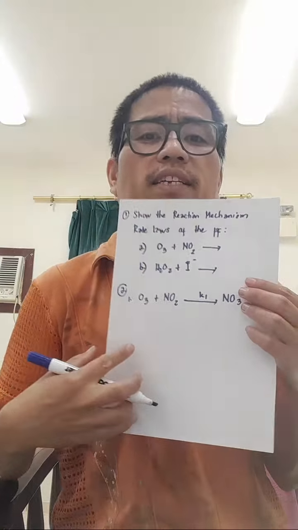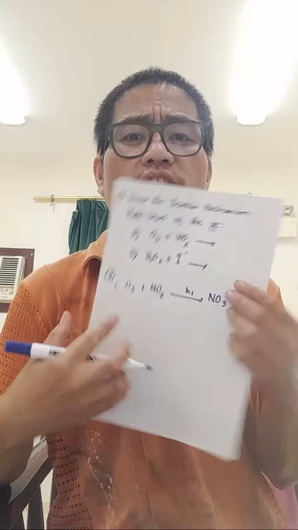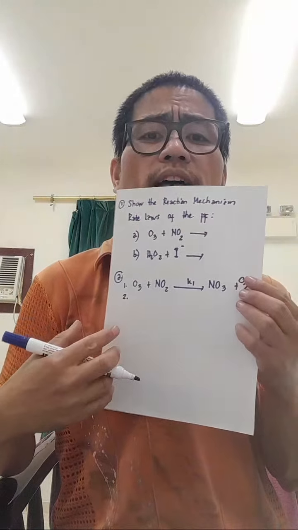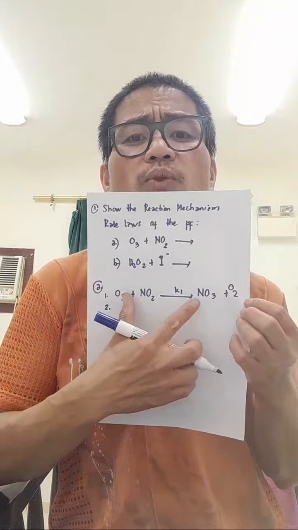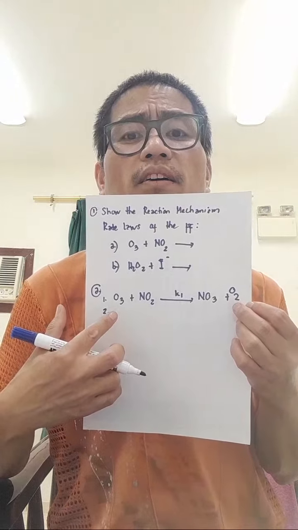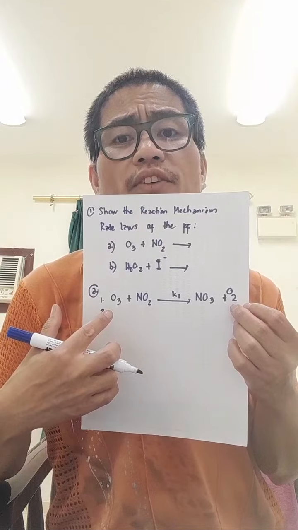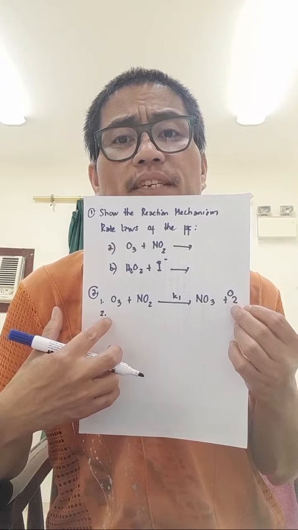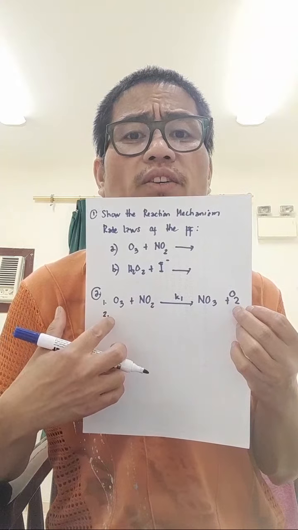Now our second elementary reaction step will be equal to, take note that your first product, which is NO3, should appear in your second elementary reaction step too. So it's going to be NO3, like this.